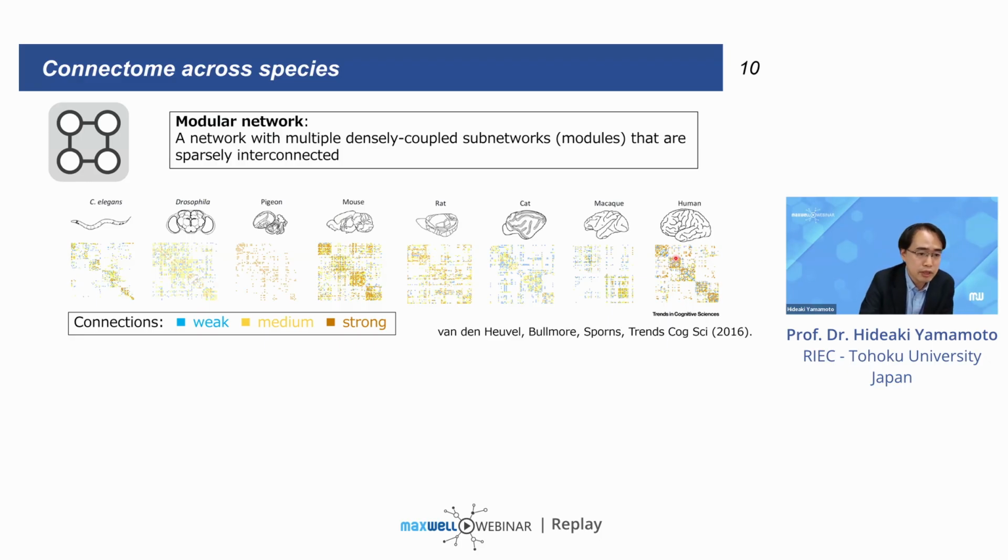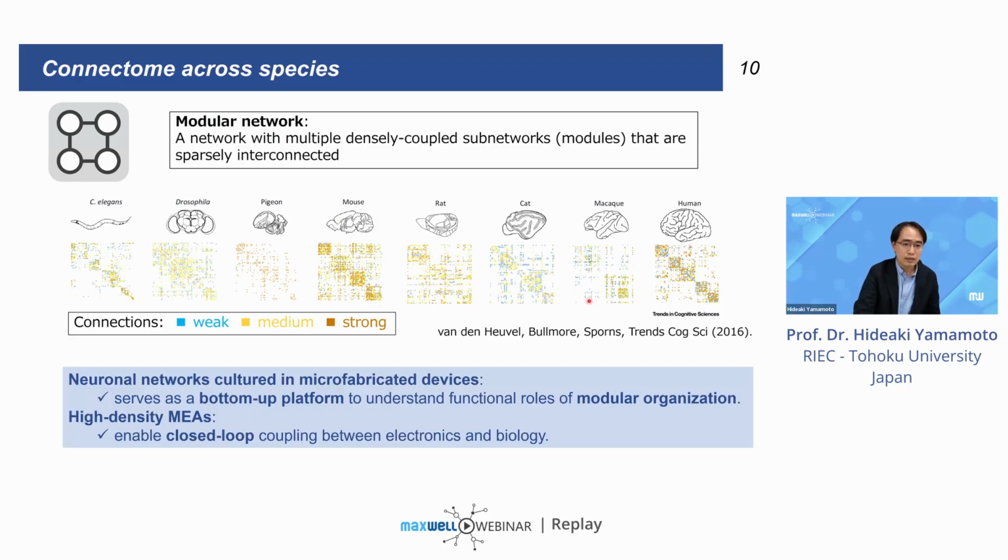As you can see here, the cells or the brain regions are not randomly nor uniformly wired, but have a structure where they form a group which is more densely coupled within each other than to those in other groups.